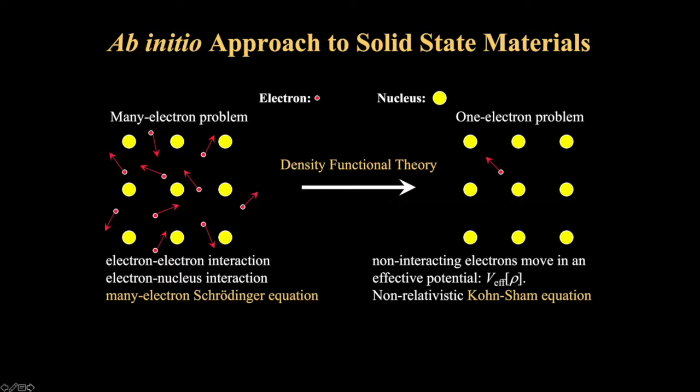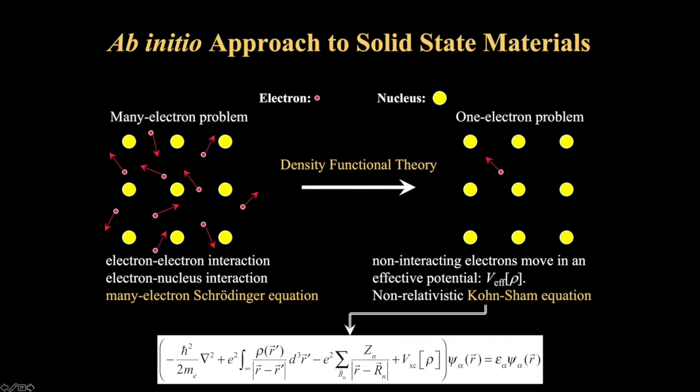So the question is, what is the effective field? That involves solving the equation I'm showing here, this one-electron Schrödinger equation with this particular potential, called the exchange correlation potential, that takes care of the quantum mechanical effect.